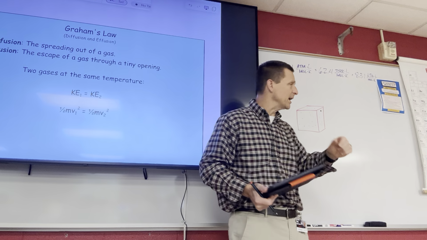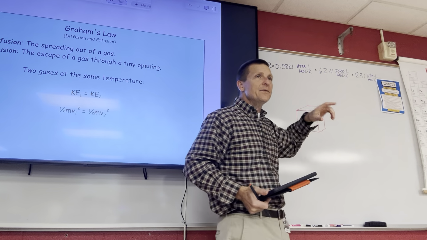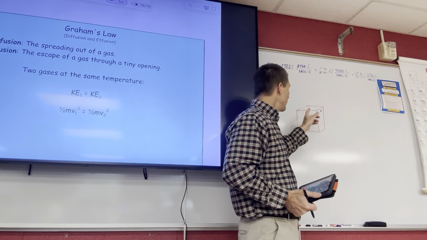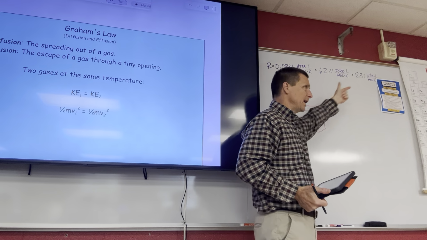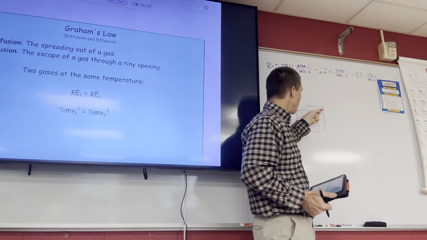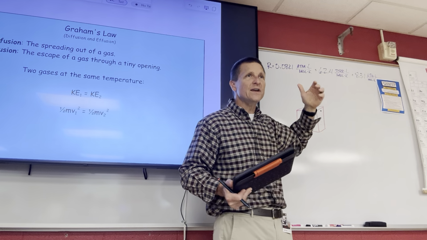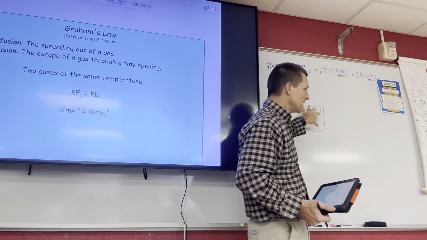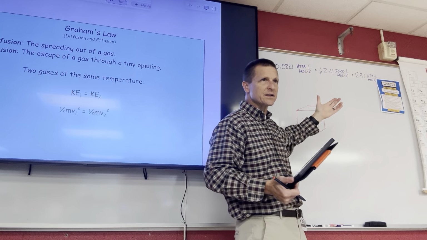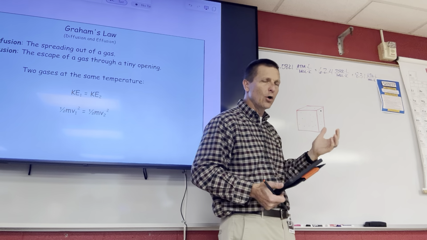There's a tiny opening in it. That opening, some of the gas particles, as they fly around, are going to find their way to that opening, and they'll hit where that opening is and just go flying out. That is the process of effusion. It is the loss of a gas from a container that has an imperfection, a tiny opening in it.